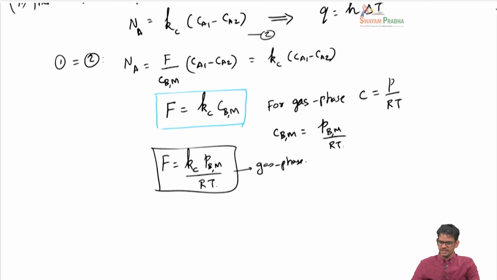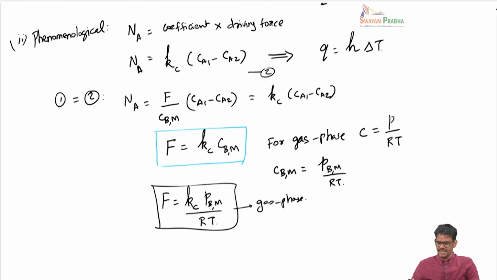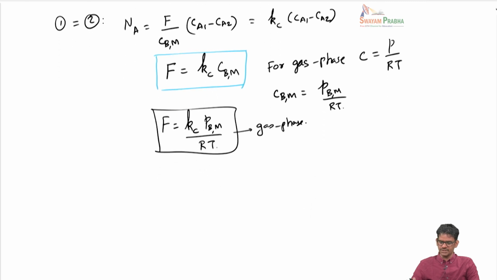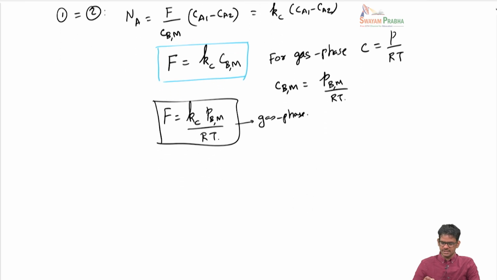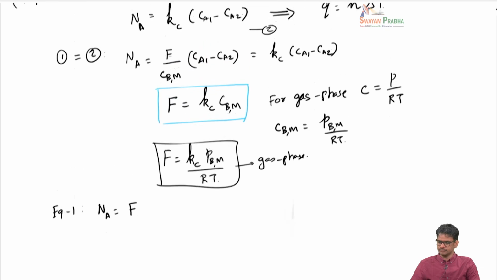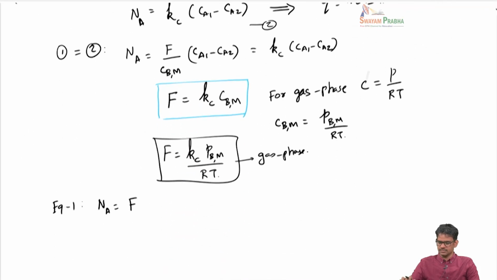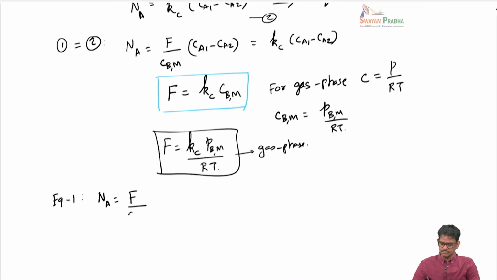Now you can also see the units of coefficients F and Kc from this set of equations. You will see this from equation 1, which is written as Na equal to F times Ca1 minus Ca2 over CBM.